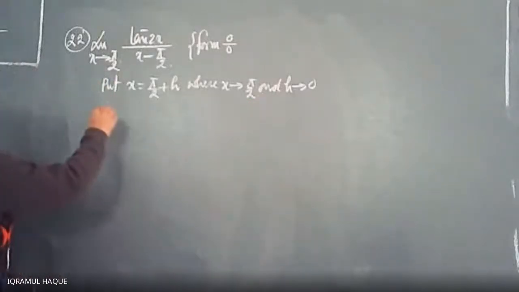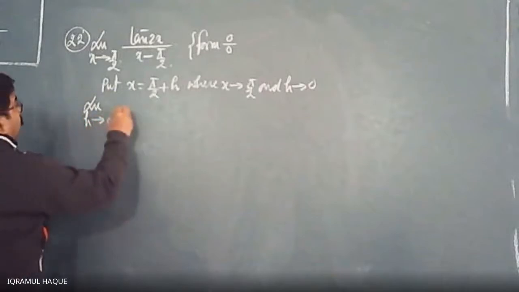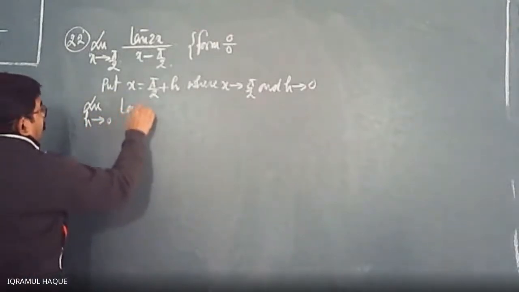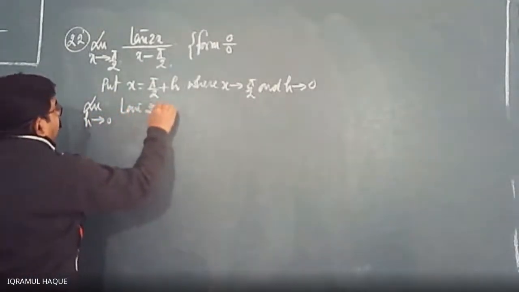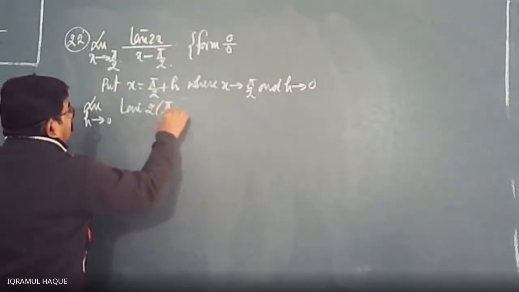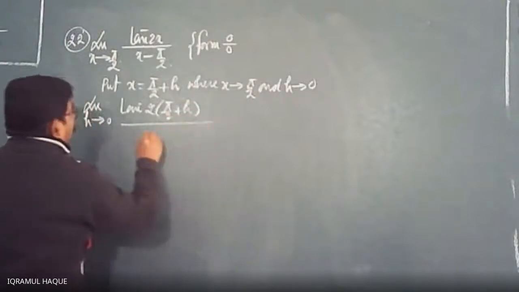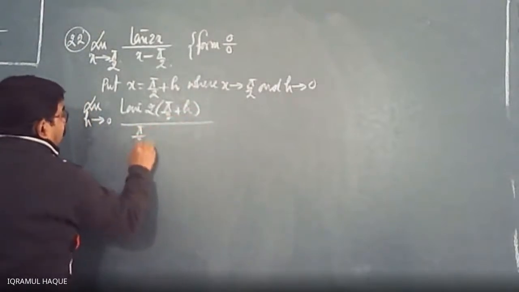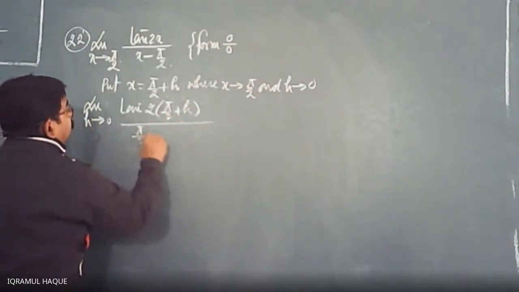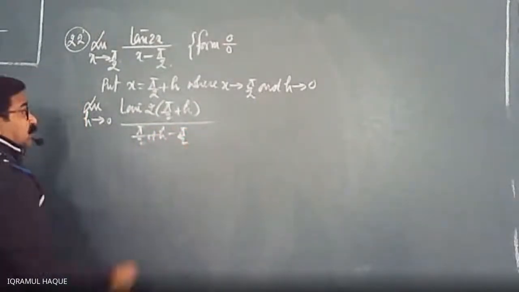Now we have limit h tends to 0, tan 2 times of pi by 2 plus h upon pi by 2 plus h minus pi by 2.